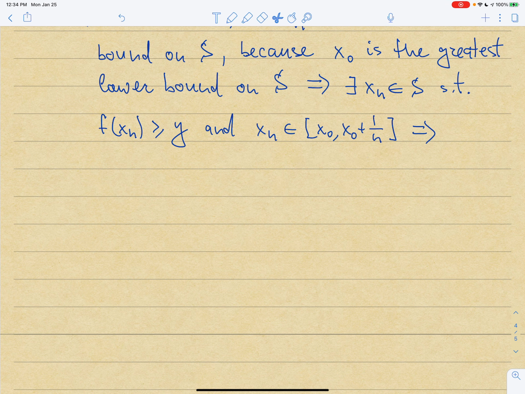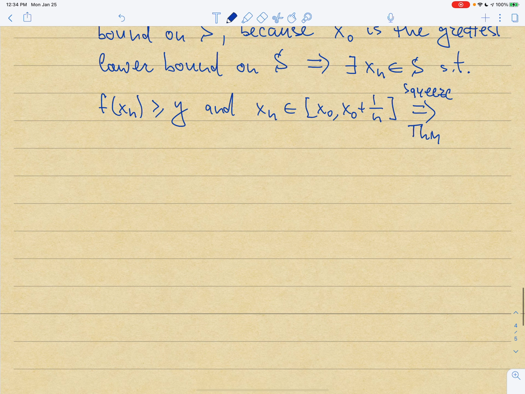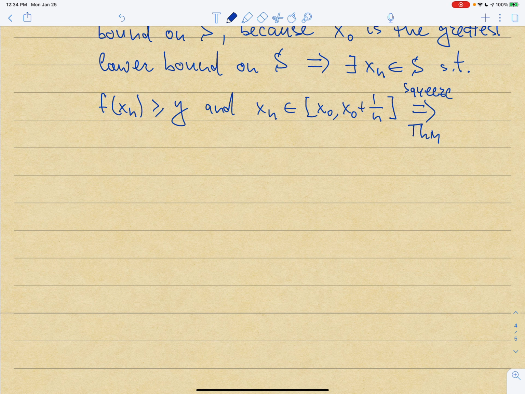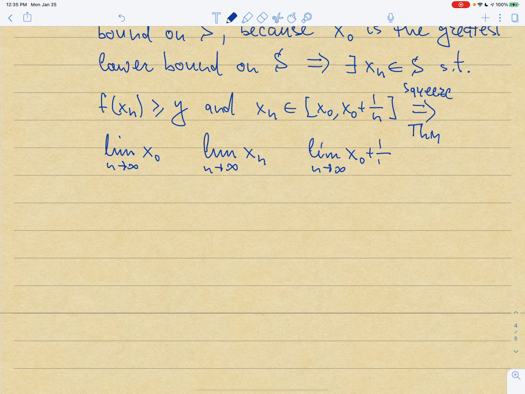So if I use the squeeze theorem, and I take a limit of all three sides in the inequality, the limit as n goes to infinity of x0, the limit as n goes to infinity of xn, and the limit as n goes to infinity of x0 plus 1 over n, then the comparison principle tells me this.